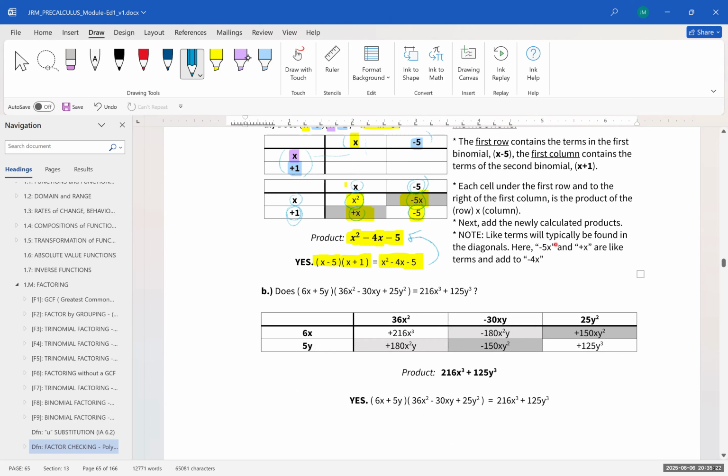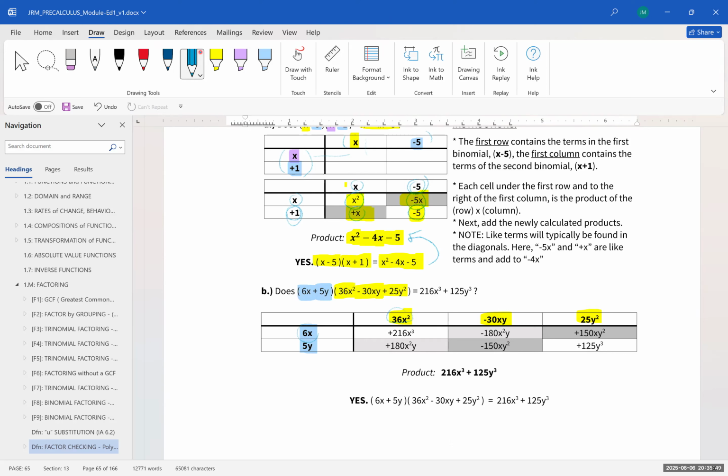So across the top, I've got 36x squared minus 30xy plus 25y squared. And then down the side, I've got 6x plus 5y.